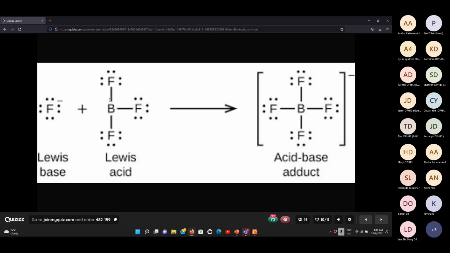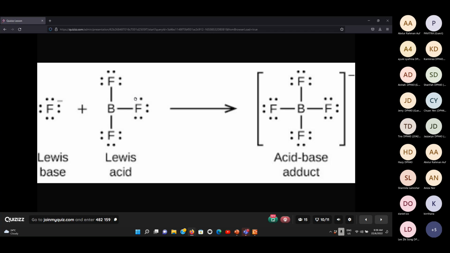boron can form one more bond, a covalent bond. It has one more slot to form a bond with this fluorine here. So it will accept this lone pair of electrons. This lone pair from fluorine will bond to boron. That's why boron here accepts this lone pair from fluorine.